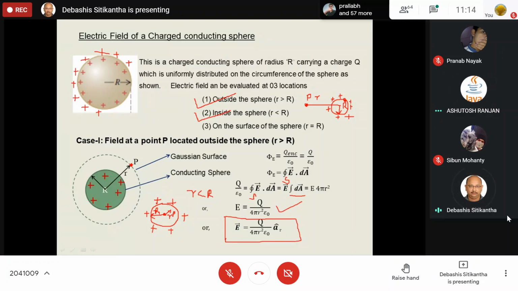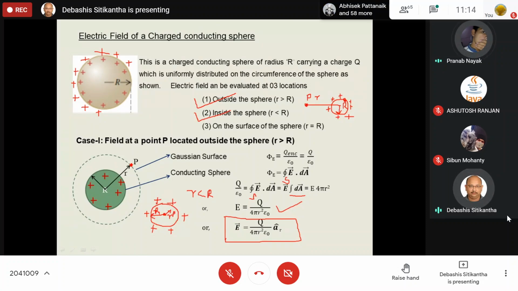Ashutosh, very nice. You have answered it perfectly correct. So the answer is going to be zero. Now, is there anyone whose answer is not zero? Somebody is trying to tell me something.